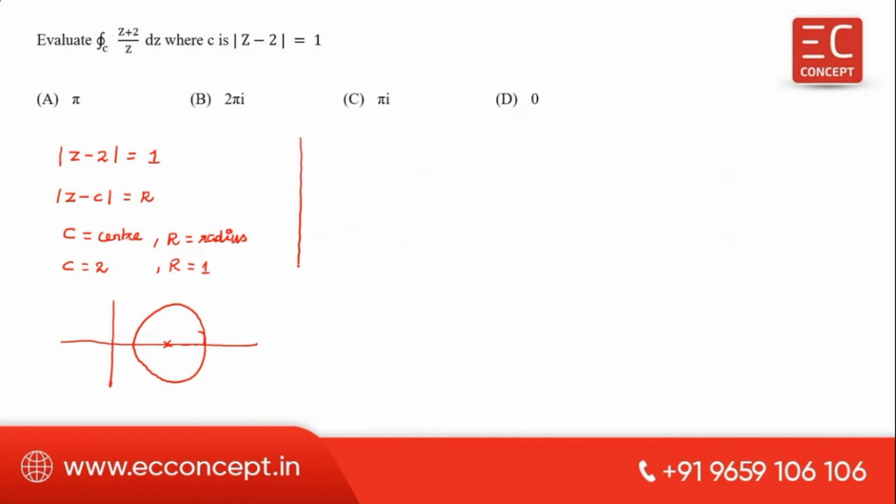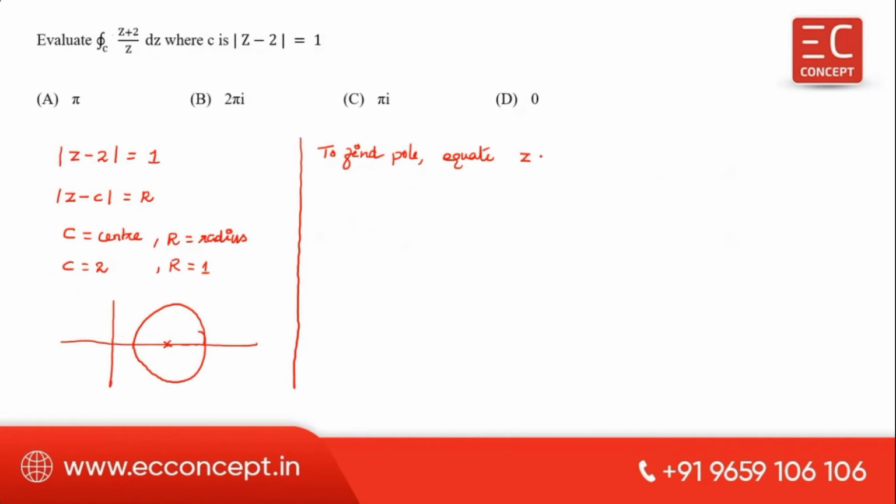Now you have to find out the pole. To find the pole, equate this denominator to 0.